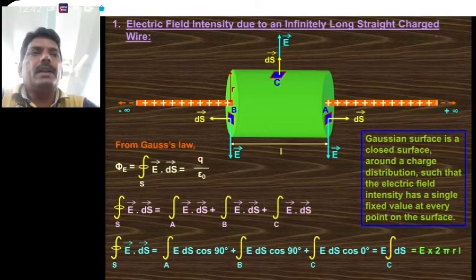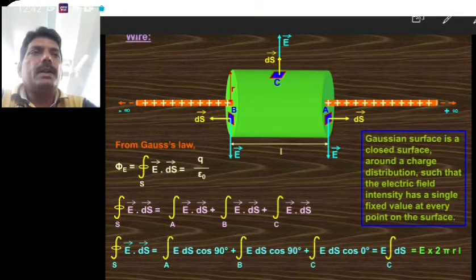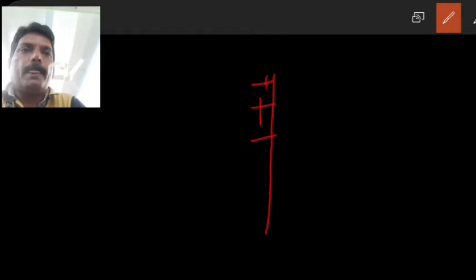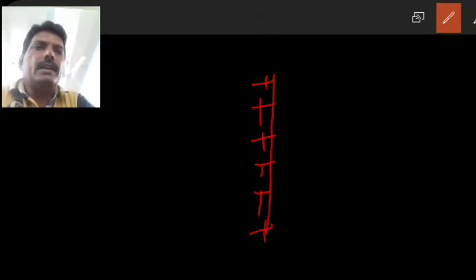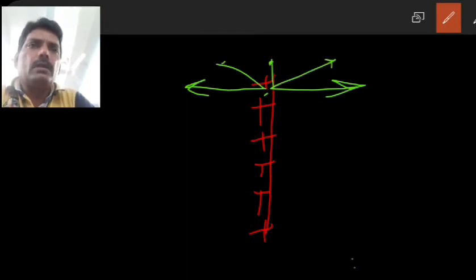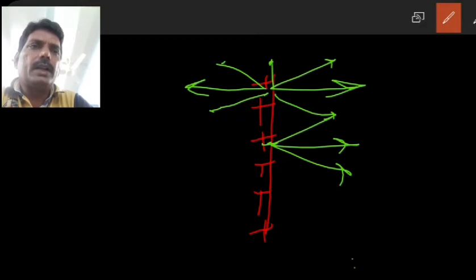Now let me explain that with this particular diagram. So dear student, suppose you have this wire and the charges are here. Then from these charges the electric field intensity will be in all directions. From this charge also, the electric field will be like this in all directions.